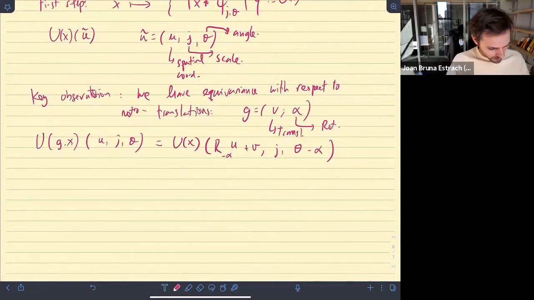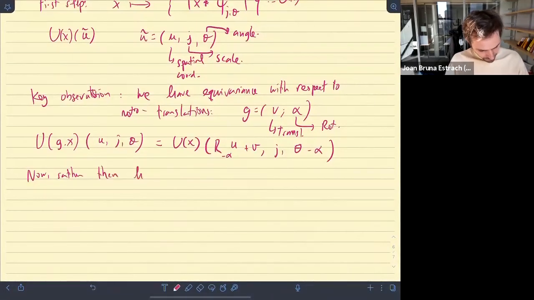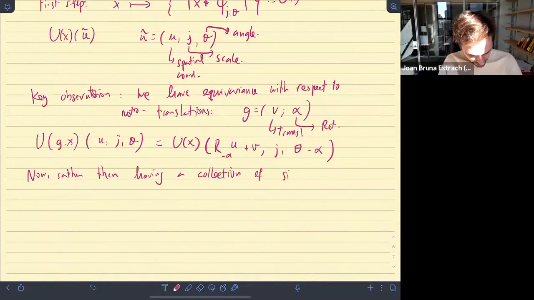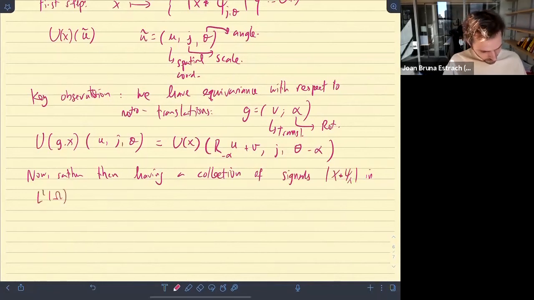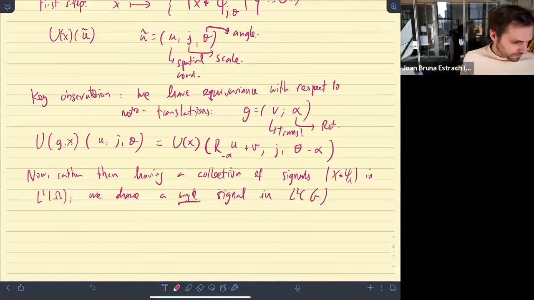So now, rather than having a collection of signals x lambda in L2 of omega, we have a single signal in L2 of the group, of omega in the group. Okay?